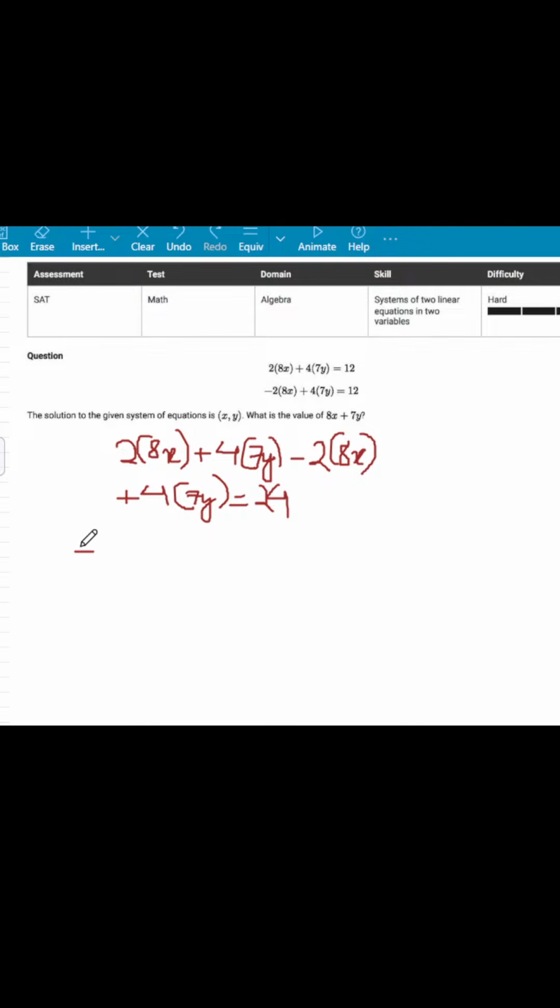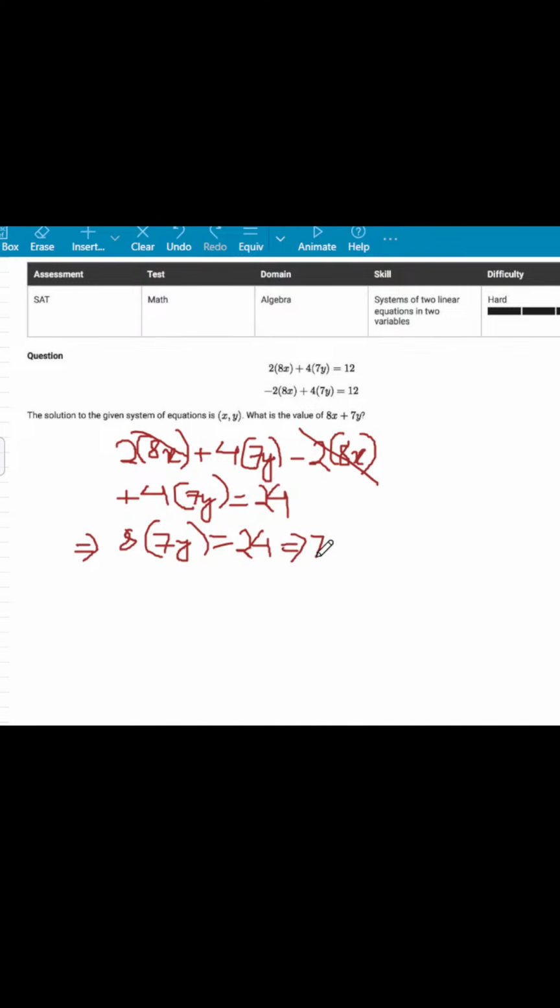Then this cancels out, so it will be 8 into 7y equal to 24. So instead of getting y, you can get 7y, so that you can put that value.